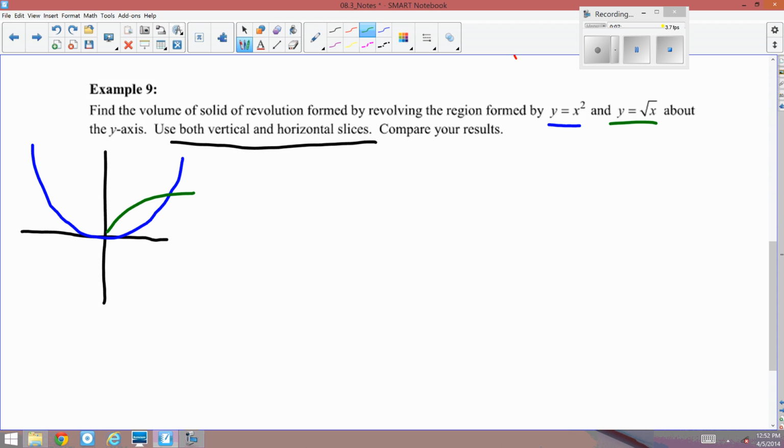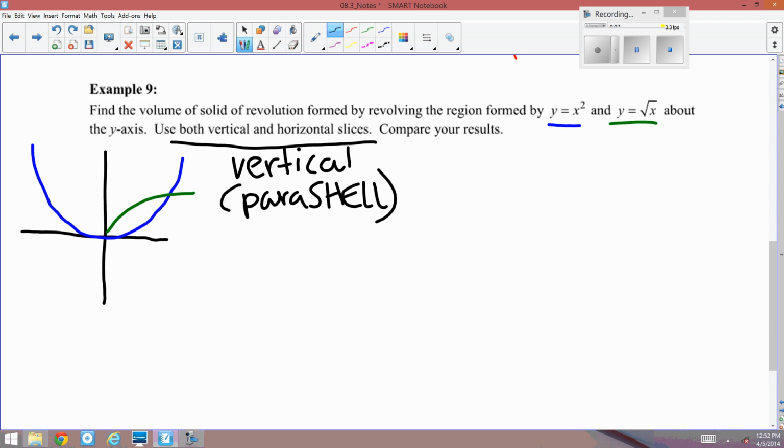So we're going to rotate it about the y-axis. I guess I'll do the vertical ones, which would be the shell method. Okay, vertically, so this would be my dx.